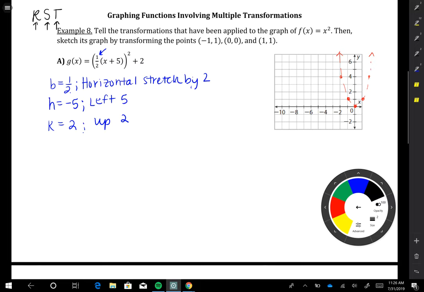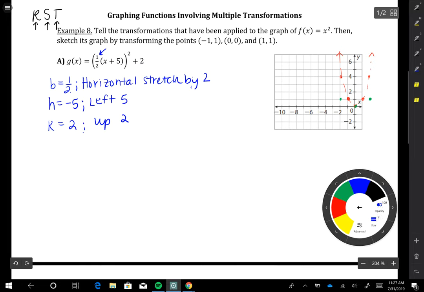I don't have any reflection going on, so I can skip over that, but I do have a horizontal stretch by 2. If I were going to stretch this graph horizontally by 2, of course my vertex would still stay where it is, but instead of going right 1, up 1, and left 1, up 1, that horizontal distance is going to be increased by 2. So right 2, up 1, left 2, up 1. So that's after the stretch.